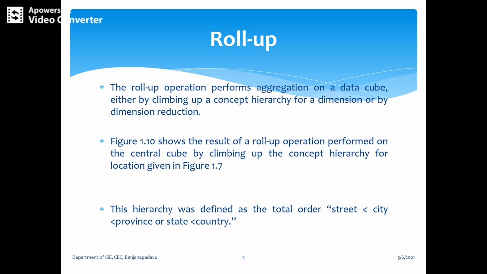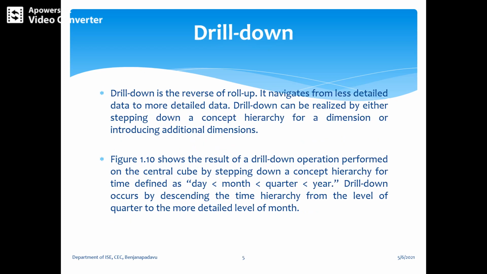The roll-up may be performed by removing the time dimension, resulting in an aggregation of the total sales by location rather than by location and by time. This is a brief, simple discussion of the roll-up operation, which we can apply depending on the type of example we have. The next typical operation is drill-down.